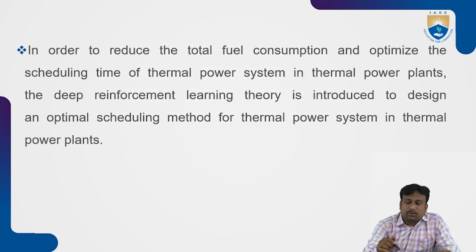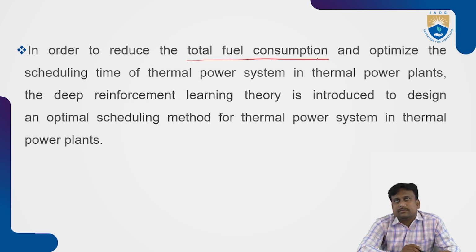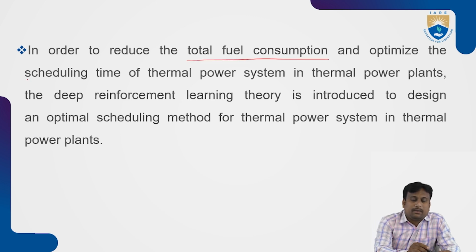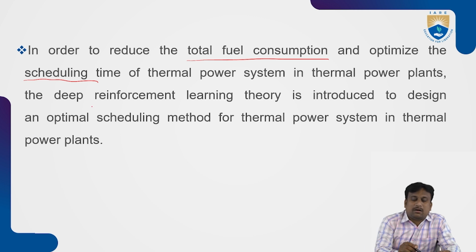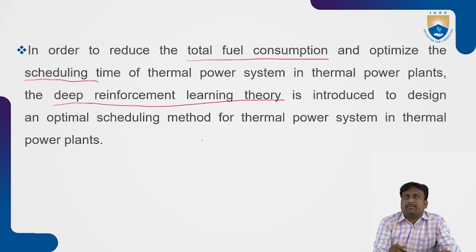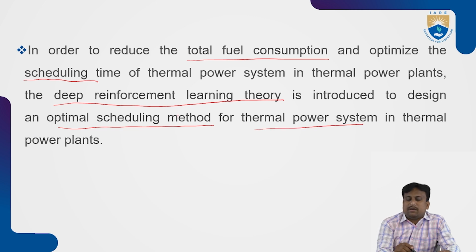In order to reduce the total fuel consumption and optimize the scheduling time of thermal power plants, there is a method called deep reinforcement learning theory. This will be introduced to design the optimal scheduling procedures for thermal power systems.